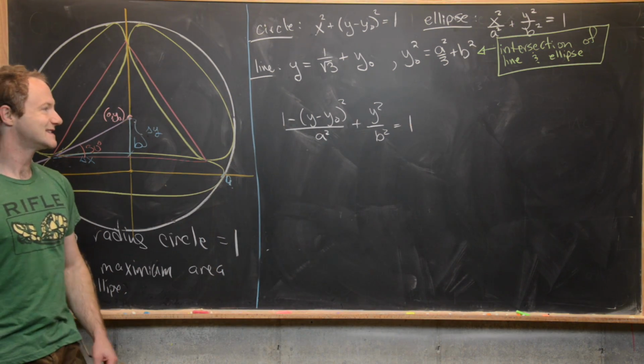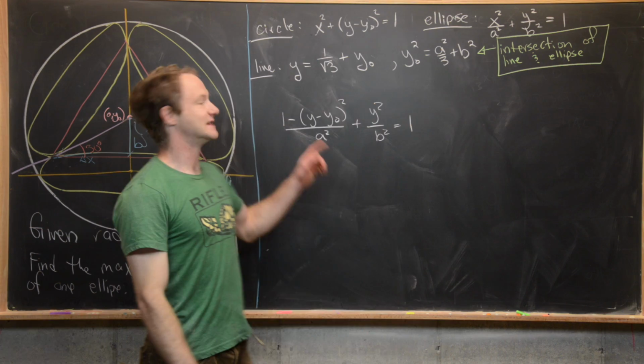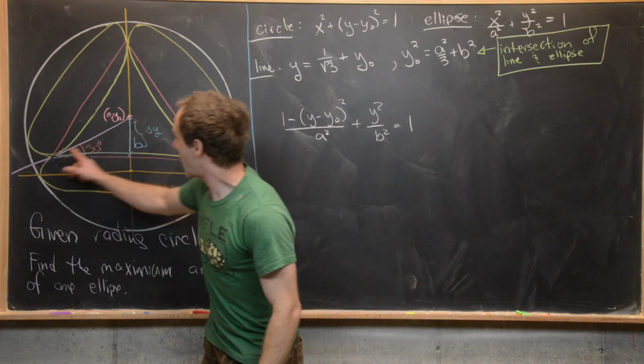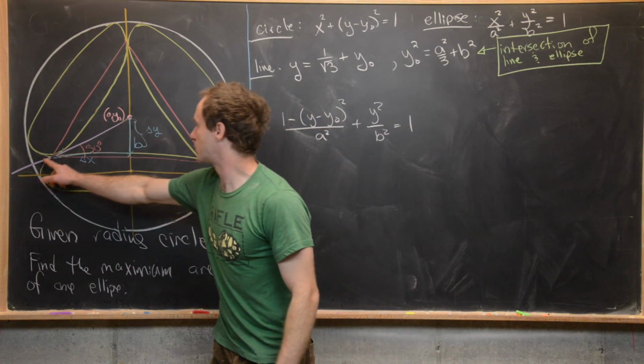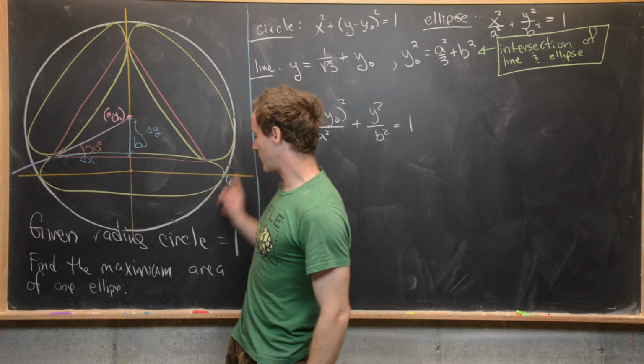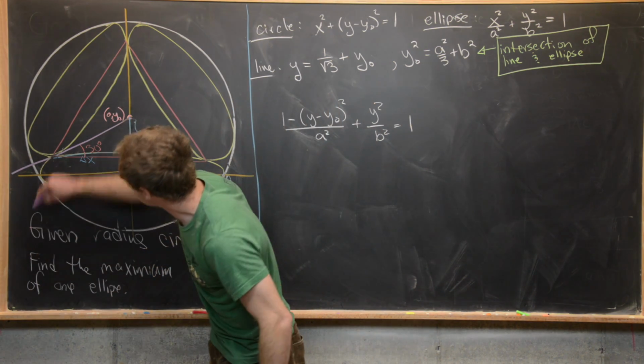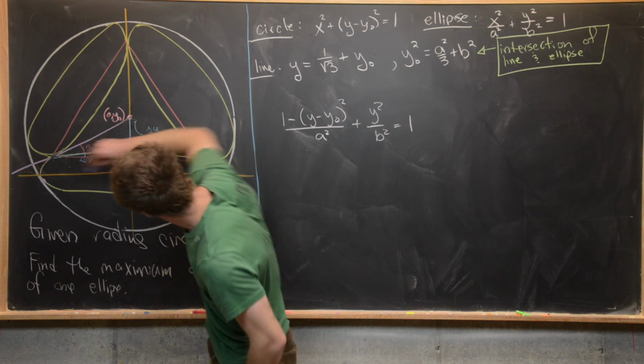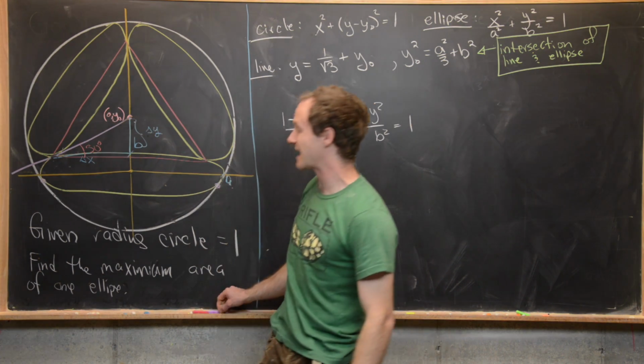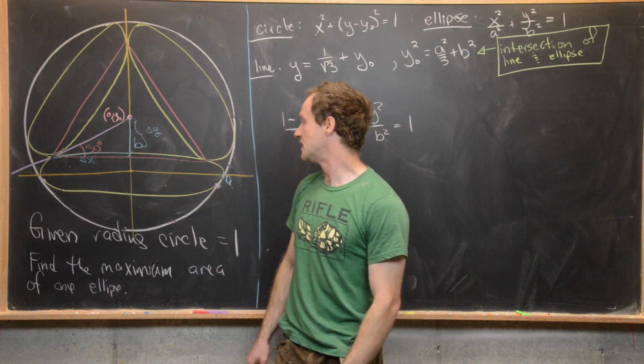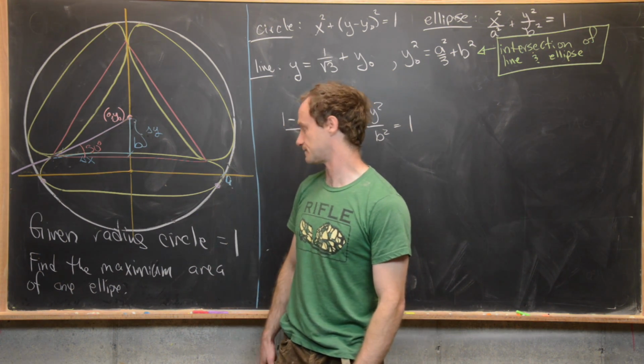So again, what this is helping us do is calculate the y coordinate of the intersection point of this ellipse with our bigger circle. So that'll be like this point right here or this point right here. But notice those have the same y coordinate, just different x coordinates.